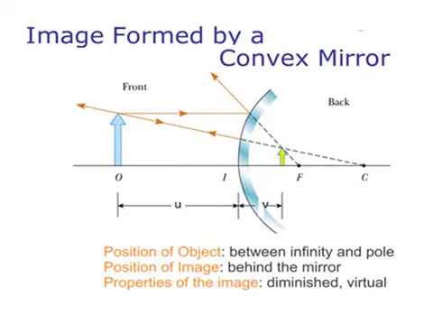The second ray is to connect the height of the object with the point C, which is called the center of curvature. As we have seen before, any ray which passes through the center of curvature is reflected back along the same path, and that's why you see two arrows in opposite directions.